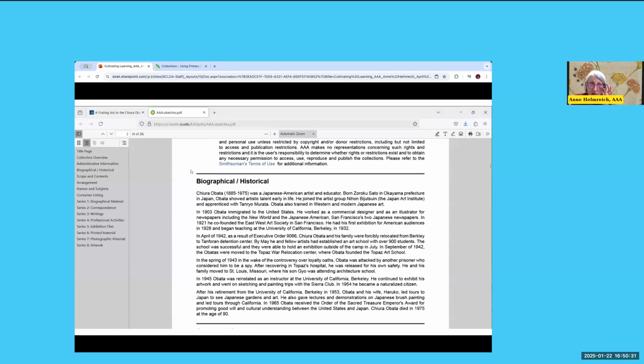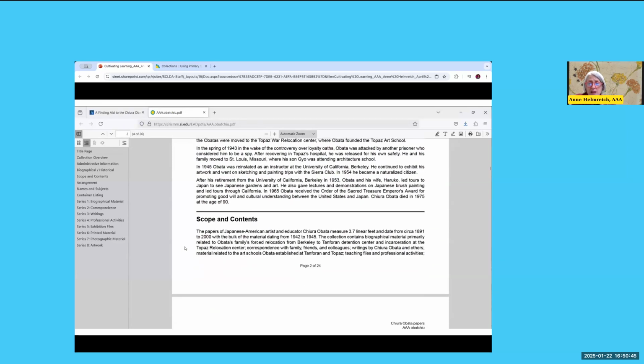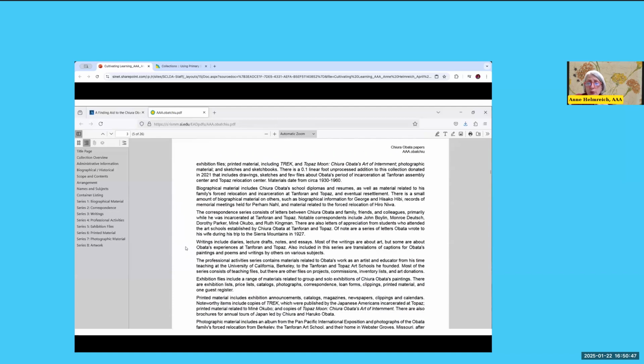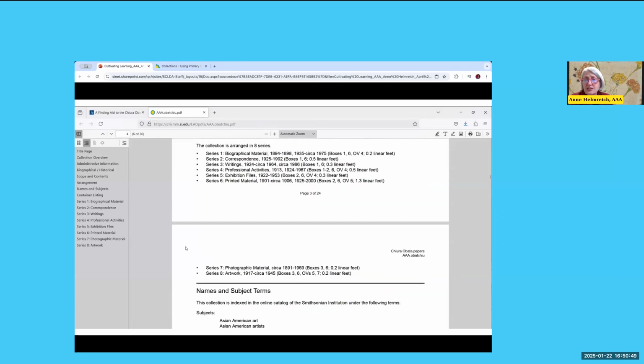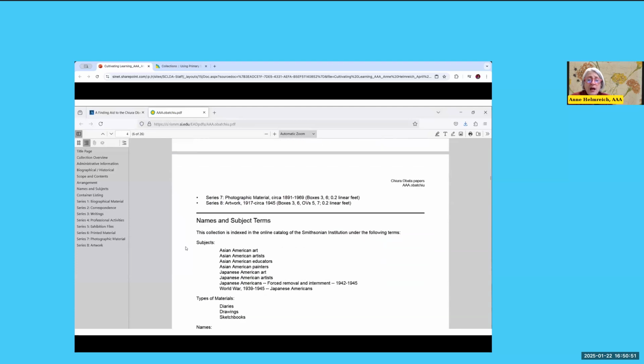The finding aid is also nice because we include a biography of the artist. So if you want a quick background on the artist, these are very well researched, very well done by our archivist here. So I would really recommend it, and it gives you information about that art school that he started that eventually had 600 students in it.